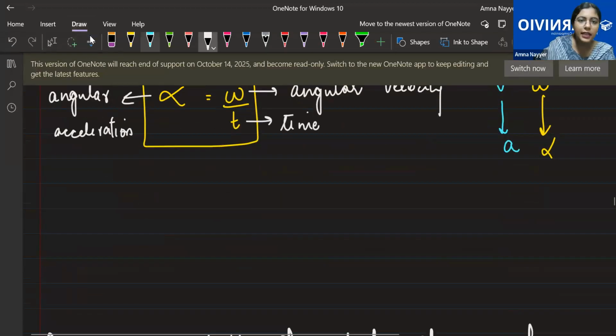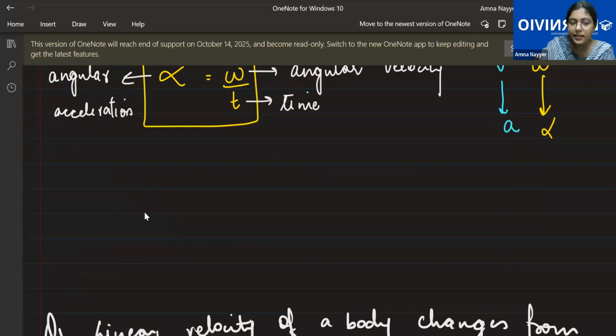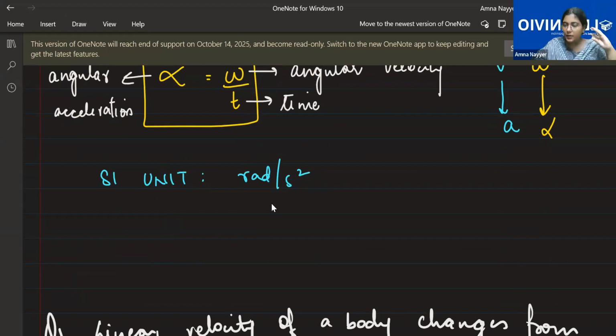Similarly, for angular acceleration, the SI unit will be radian per second square, like you have meter per second square for linear acceleration.